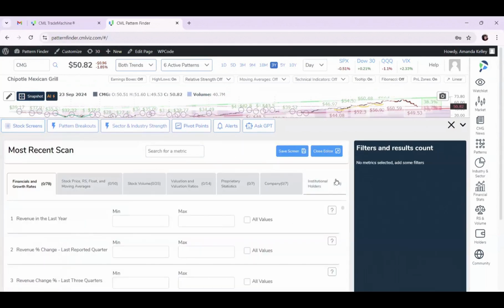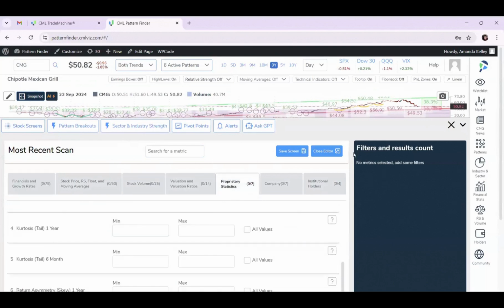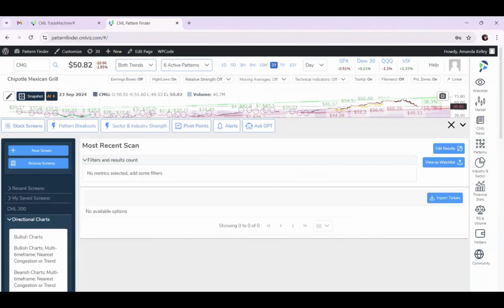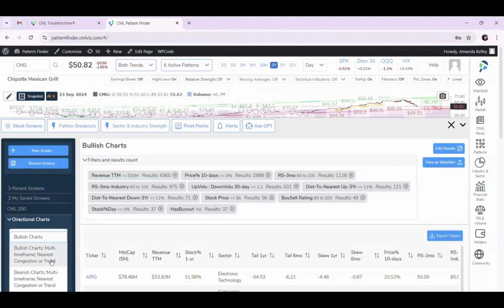We have several pre-built screens along the side here, but you can custom build from hundreds of options across here to select your specific preferences for analysis, including skew and kurtosis, which we will look at in a minute. But the way I like to use this is, right now my favorite has been the bullish charts. That is actually the newest introduction to Pattern Finder as far as the screens are concerned.